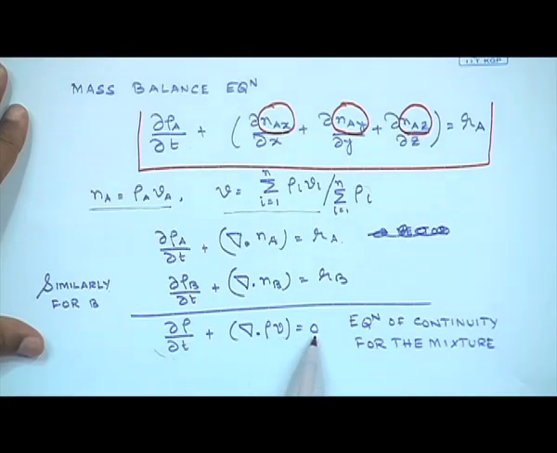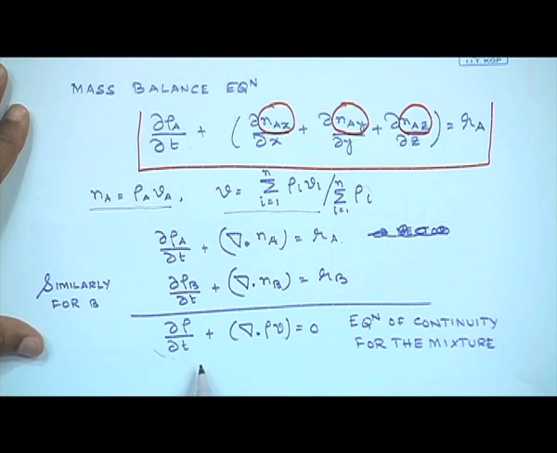What we are doing here is we have a two component system consisting of components A and B. So, when we write the species balance equation for component 1 and that for component 2 and add them together, what I get is the conservation of mass for the entire solution consisting of two components A and B. So, it should and it did revert to the equation of continuity with which we are familiar. So, what you get then is del rho del t plus del dot rho V equal to 0.